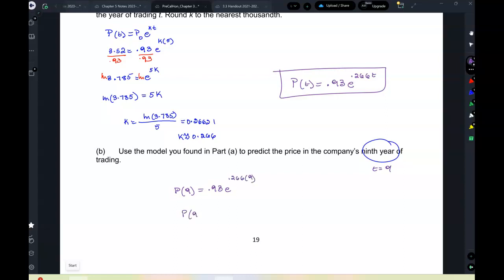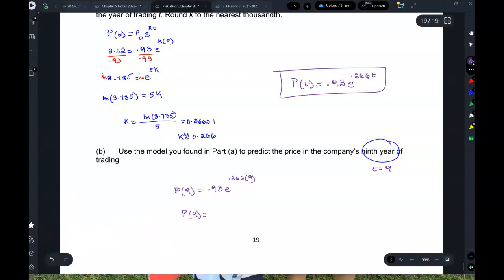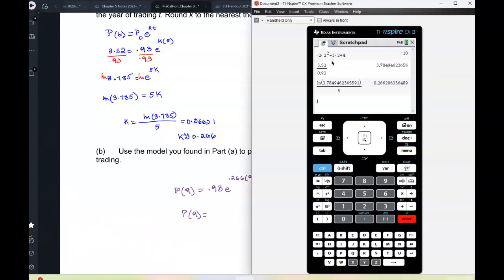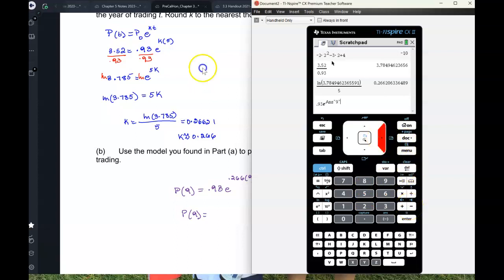So P of 9 is going to be, I'm not going to round, right? So it's going to be 0.93 times e to the power of the answer times 9.